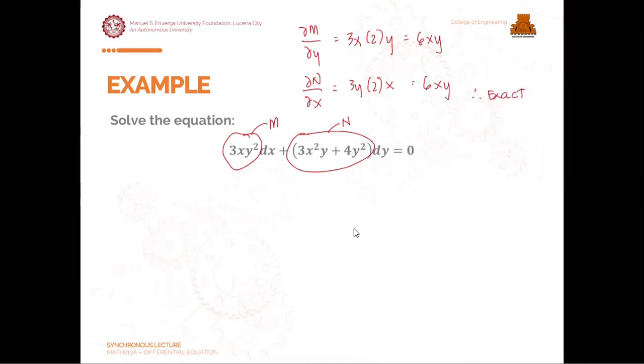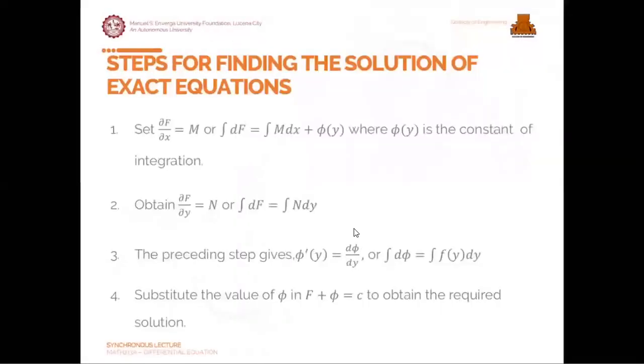I-apply natin ngayon yung solution natin dito. Okay? So, yung first one is set partial of f over partial of x is equals to m. So, isa-substitute lang natin yung value ng m dun sa given differential equation na yan. Okay?